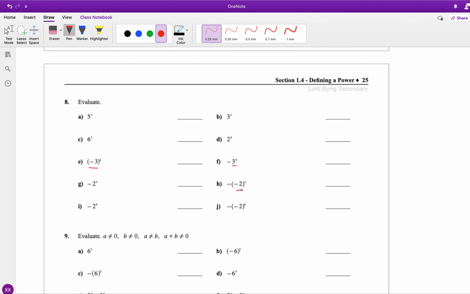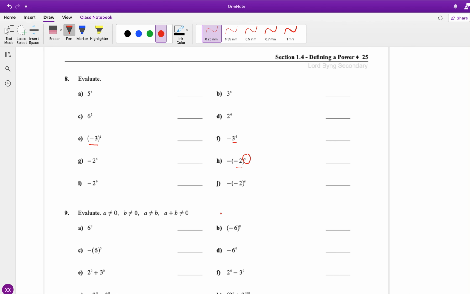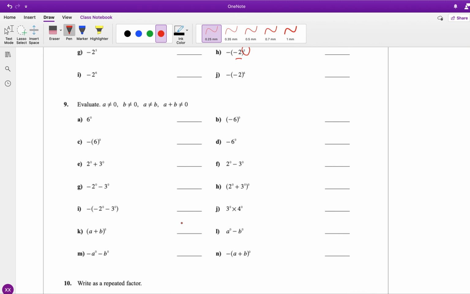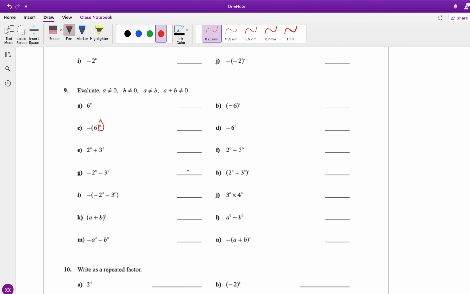Now, this one, negative 2 as a base, and it's got an odd power or odd exponent. Then is this one a negative number or positive number? And on top of that, there is a negative sign ahead. All right? So these questions are interesting. Now for these ones, try to do these questions because they've all got this power of 0 here, okay?